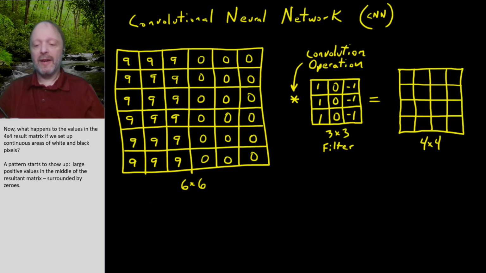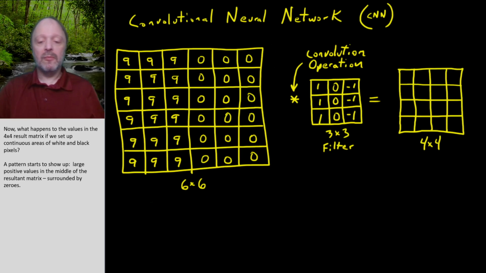Alrighty, so we are now back with a new 6x6. And in this case, we're going to be talking about what these numbers actually mean. The numbers are going to represent brightness levels, where a 9 represents a pixel that is fully bright, it's white, and a 0 represents a fully dark or black pixel.